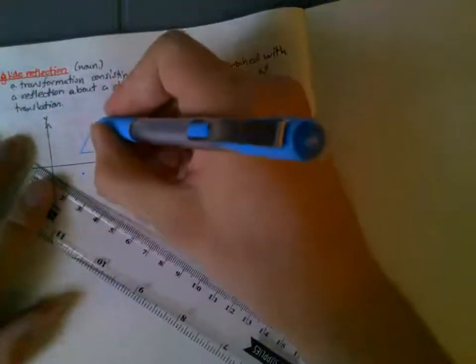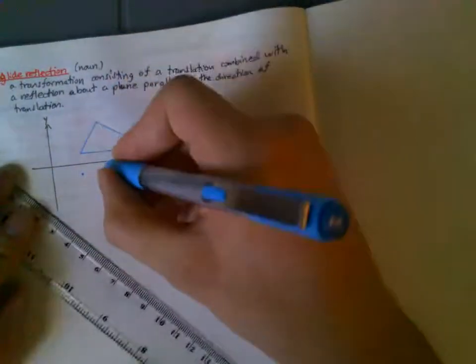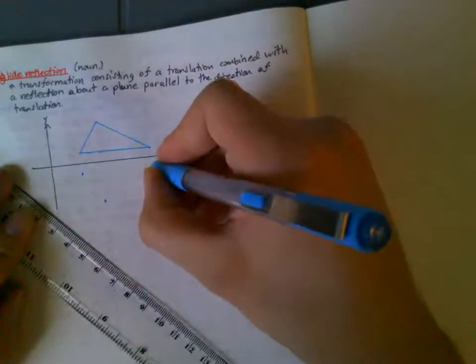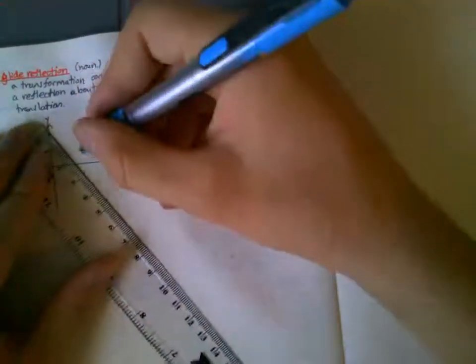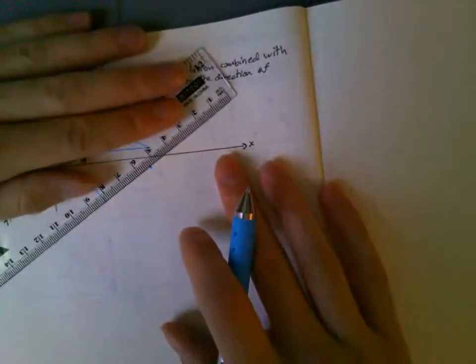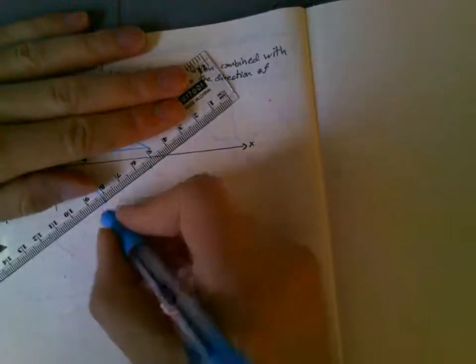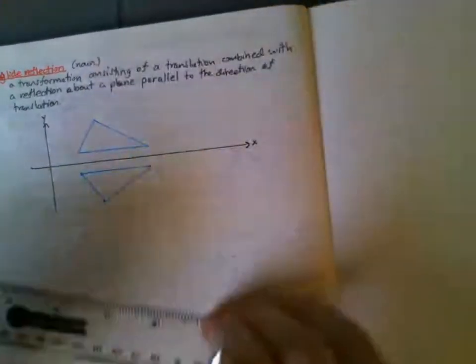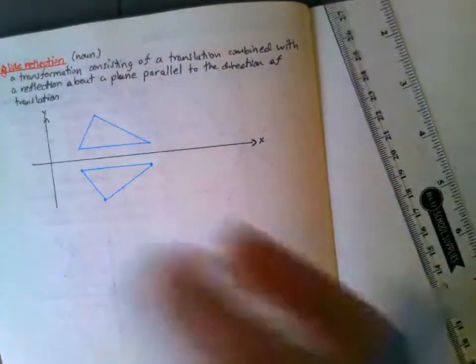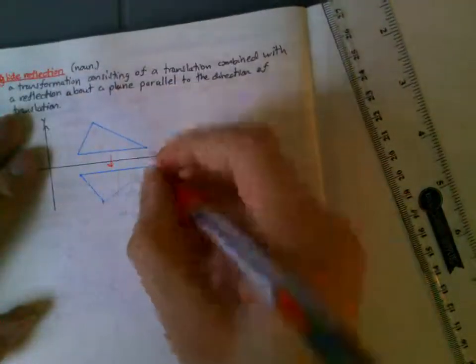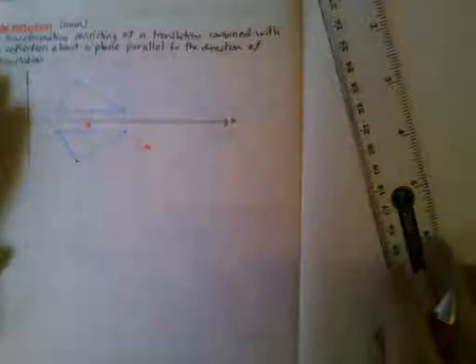So I'm going to go 1, 2, 3, 4. 1, 2, 3, 4. There we go. So he reflects across the x-axis, he goes this way, and then we just push him that way a little bit.